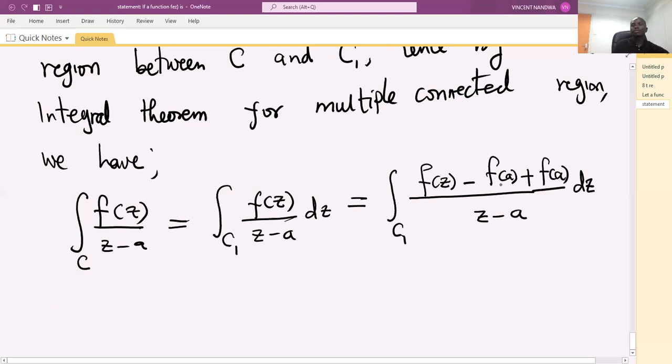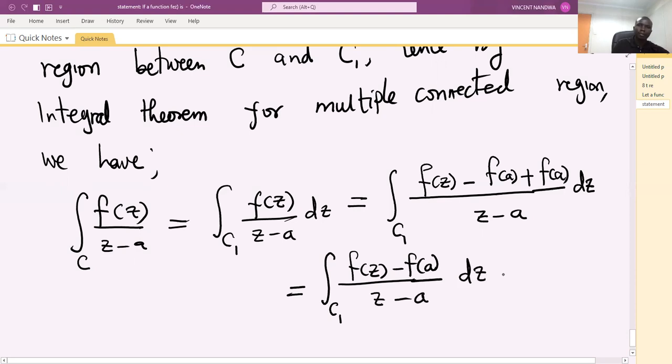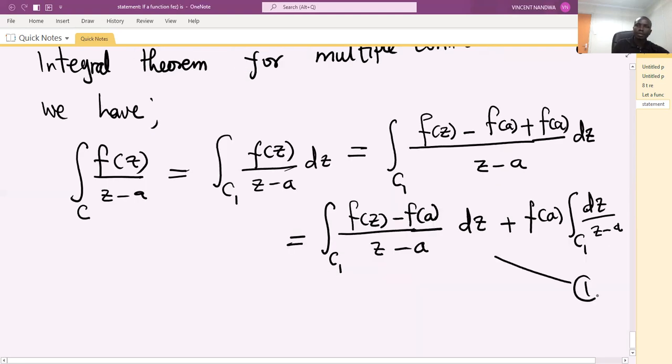There's nothing I'm changing because when I simplify, I still get the numerator to be f of Z. This can be written as the integral along C1 of f of Z minus f of A divided by Z minus A dz, plus f of A times the integral along C1 of dz over Z minus A. So let's call this equation 1.